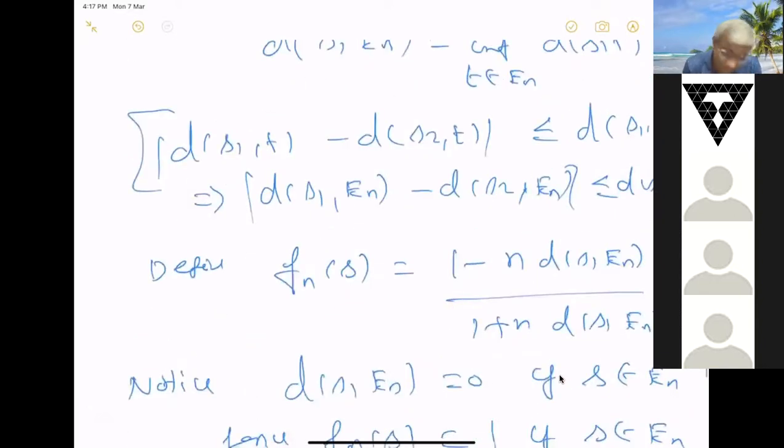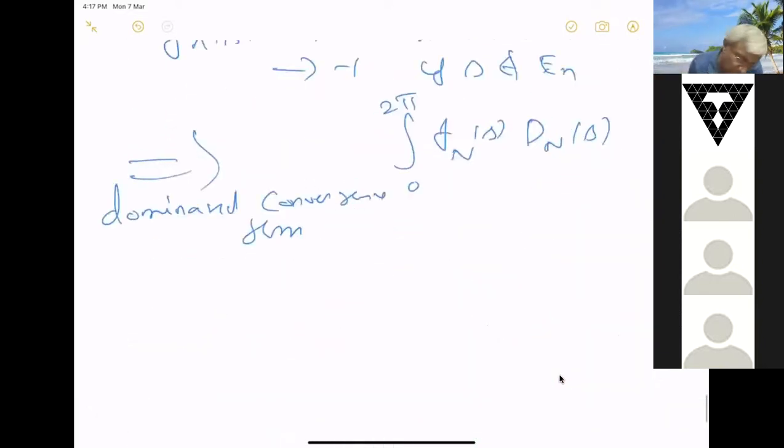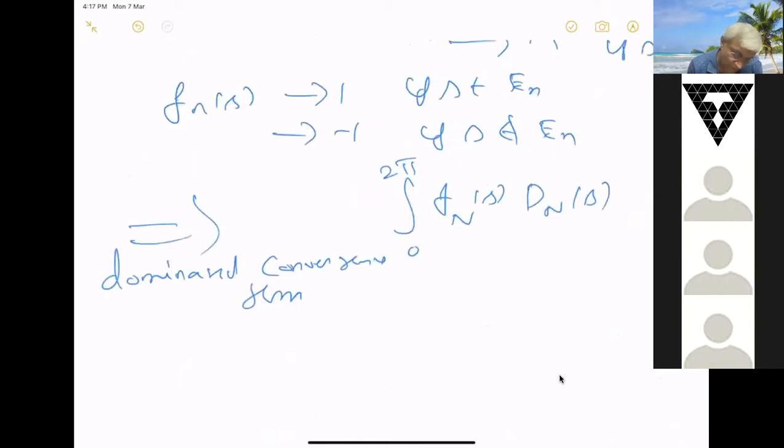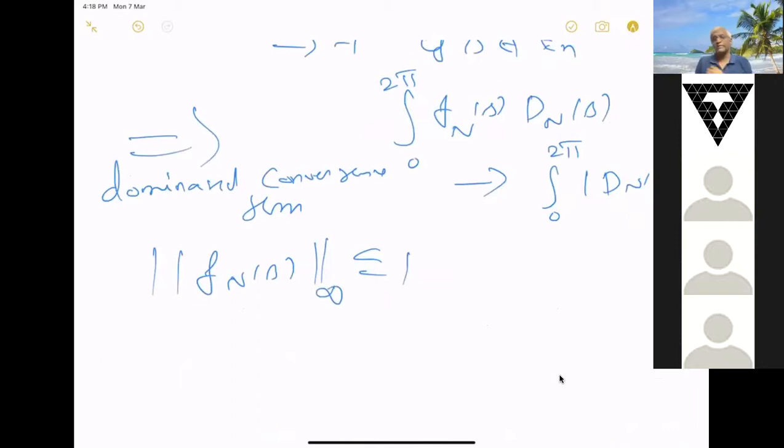And DN is a real valued function, of course. So it's either non-negative or it's negative. So by the dominated convergence theorem, this converges to mod of DNS. And the norm of FNS is less than or equal to 1, so the sup norm is also less than or equal to 1 for each S. That's clear.